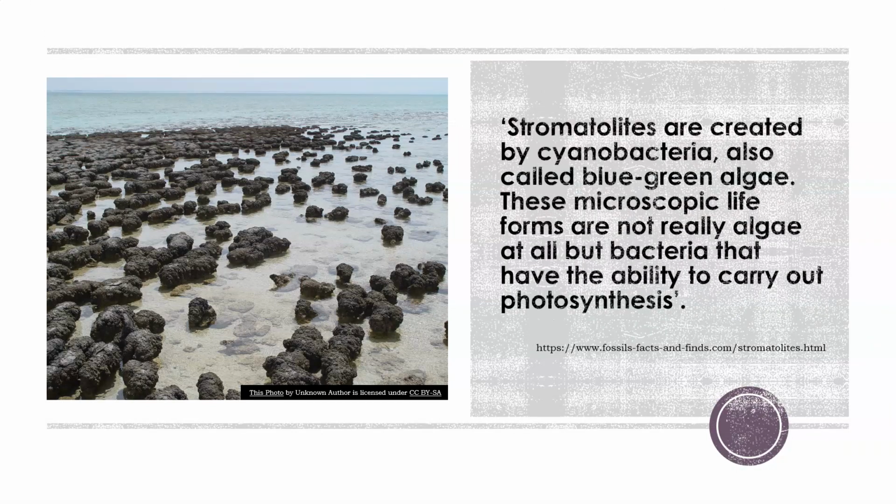However, stromatolites are created by cyanobacteria, also known as blue-green algae. These microscopic life forms are not really algae at all, but bacteria that have the ability to carry out photosynthesis. We'll learn more about this in class, but stromatolites are what allowed life on Earth to occur.